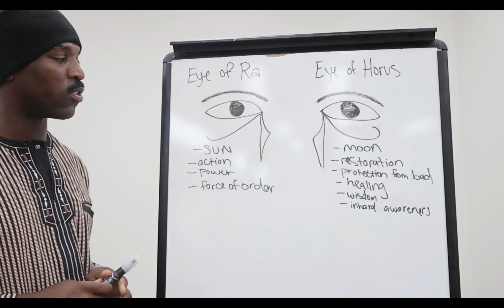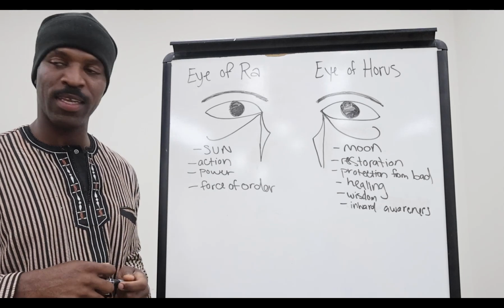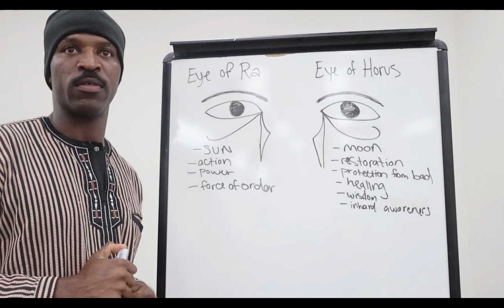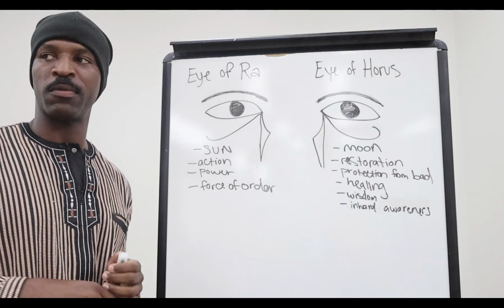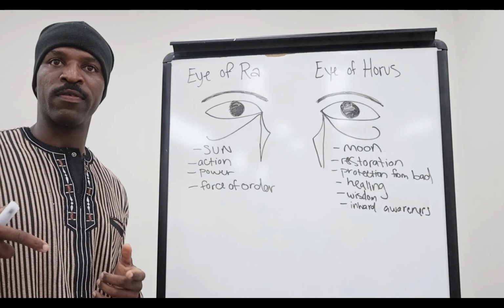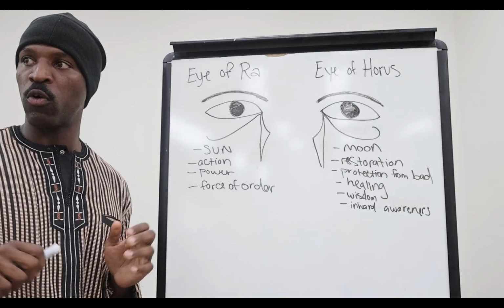Things associated with the Eye of Ra are the sun, action, power, and the force of order, sometimes through violence. So the Eye of Ra was the eye of protection and an active eye, while the Eye of Horus, in contrast, is a more passive eye.